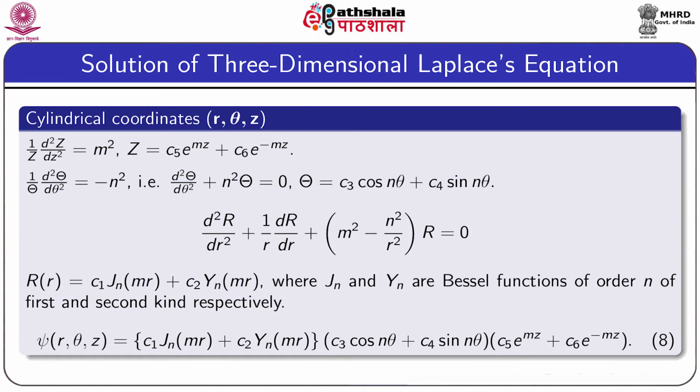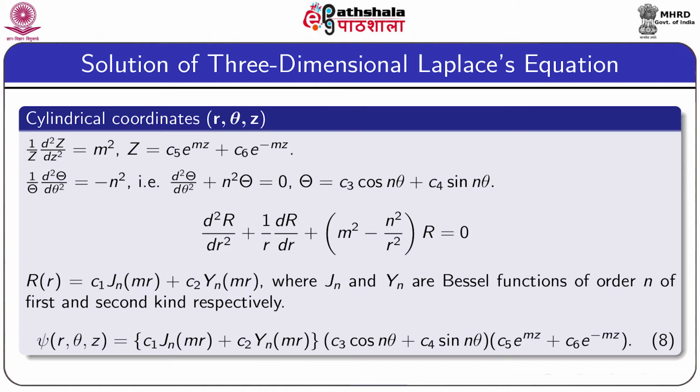The equation for Θ becomes d²Θ/dθ² plus n²Θ equals 0, and its solution is Θ equals C3 cos nθ plus C4 sin nθ, where C3 and C4 are constants.